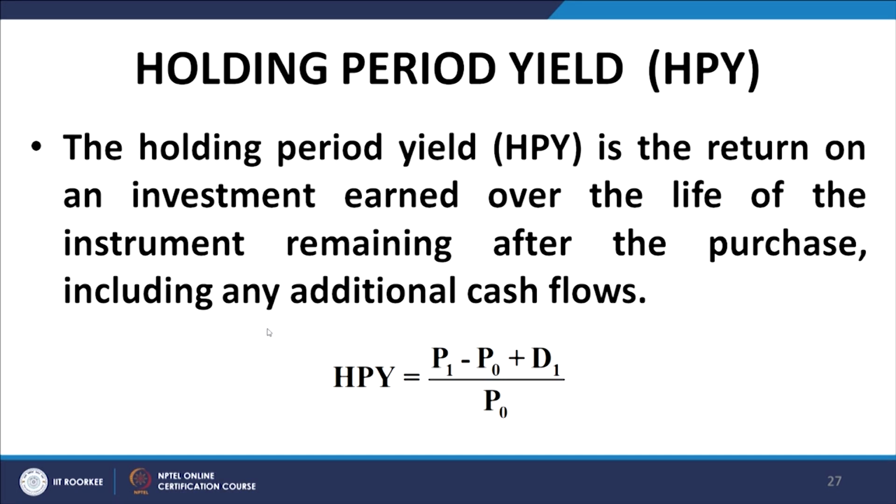The second problem with this yield is that there is no normalization with respect to time. In fact, holding period yield is the return or the yield over your holding period. This is the actual yield over your holding period. It is not on a per annum basis. It is calculated on the basis of the period for which you actually hold the investment.